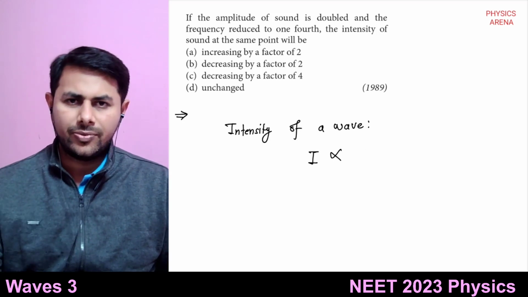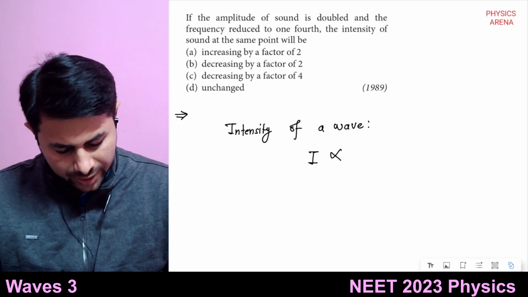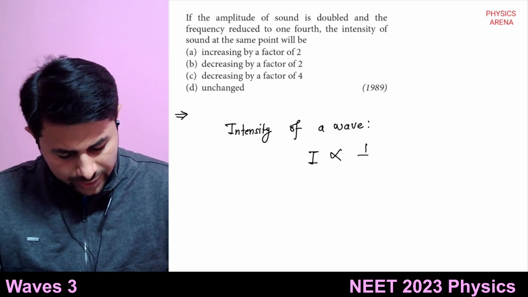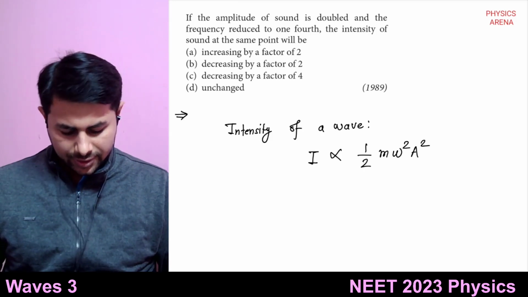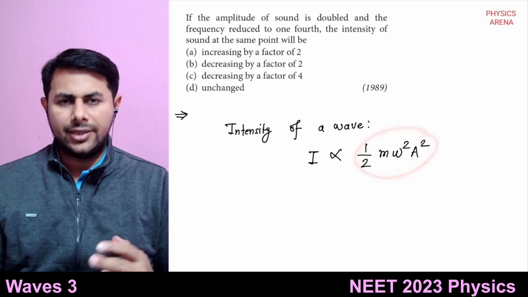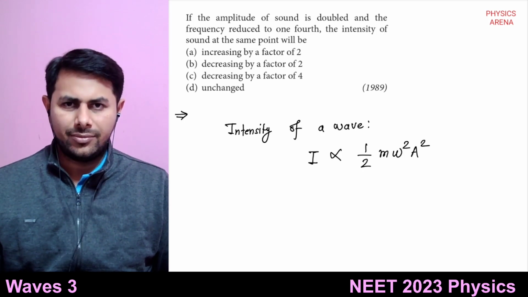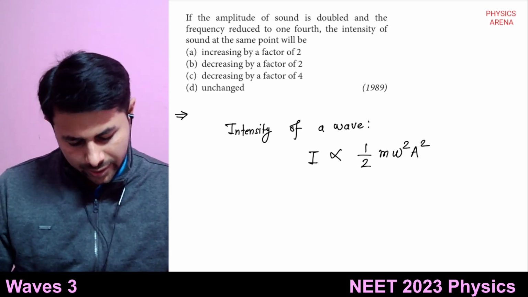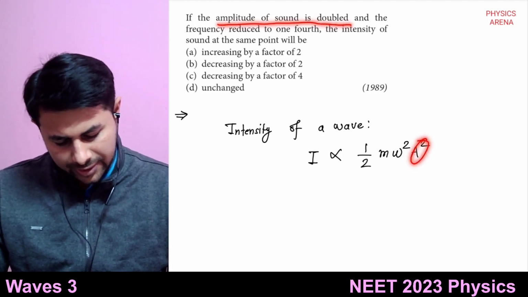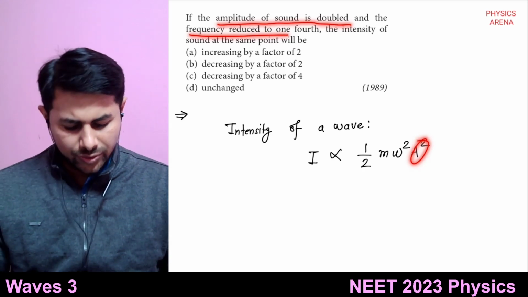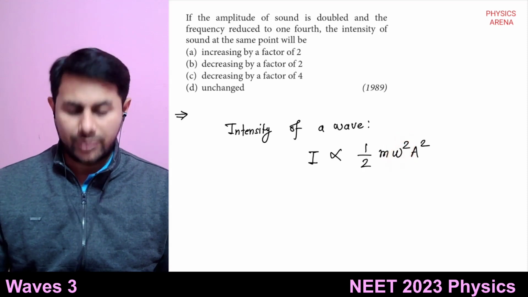So what is the energy of vibrations? We know that the energy of vibrations is half m omega square A square, right? And intensity is energy carried by wave per unit area per unit time. So see what is happening here. Amplitude is doubled, so A is doubled, and frequency is reduced to one fourth, so omega is reduced to one fourth.